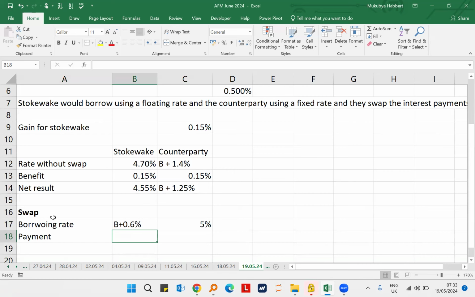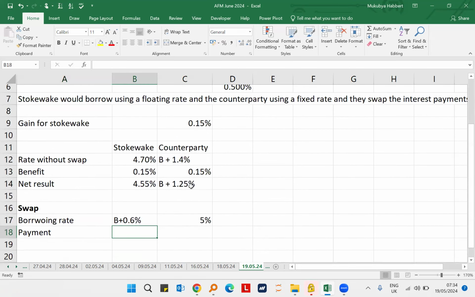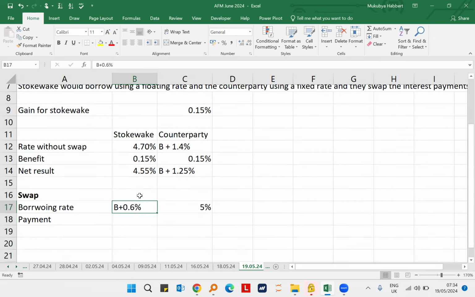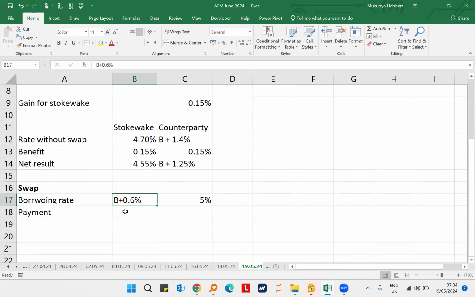So now what normally happens is that we want to put it such that this company, Stockwake, prefers a fixed rate. So the first thing that has to be done is that you have to remove the what? The counterparty will need to pay the base rate, so that this person now becomes fixed and this one becomes floating.